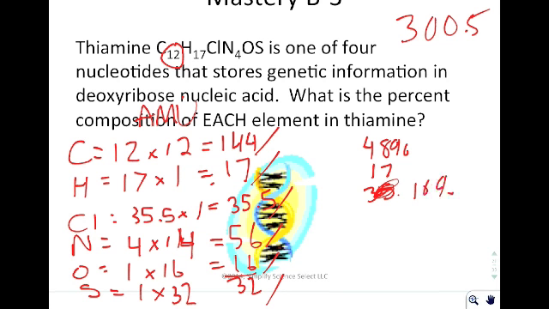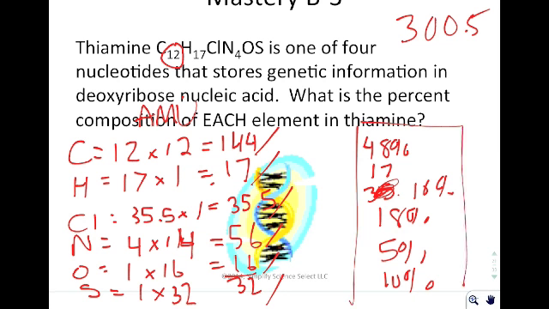You end up with 56 divided by 300 is roughly 18% nitrogen. This ends up being like 5% oxygen and roughly 10% sulfur. Now, this may not add up quite to 100 because I didn't do the calculations and round them to the specific digits, but I went ahead and rounded them individually. So this is a compound that is primarily dominated by carbon because there are so many carbons compared to everything else.